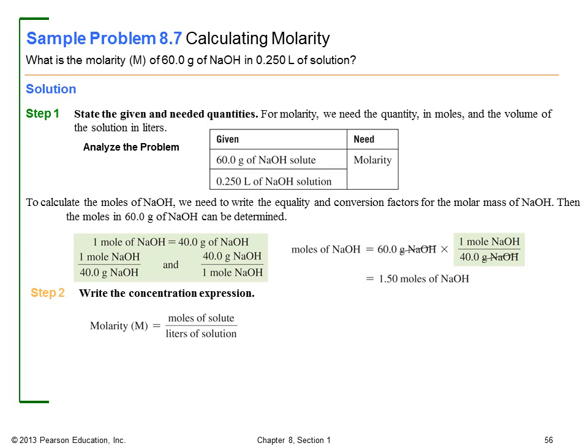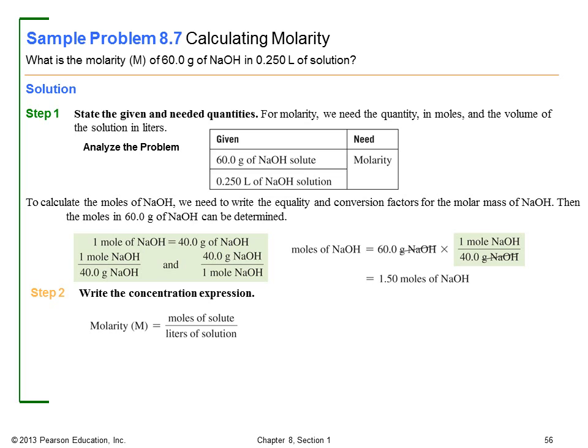So what we need to do is figure out the molar mass, or the molecular weight, of sodium hydroxide, NaOH. We use our periodic table and we calculate that 1 mole of NaOH has a mass of 40 grams.